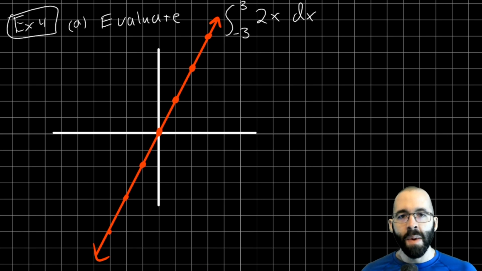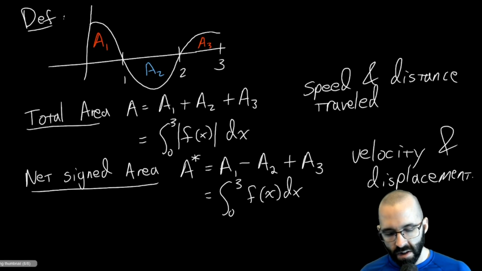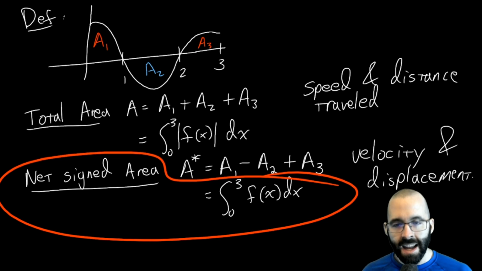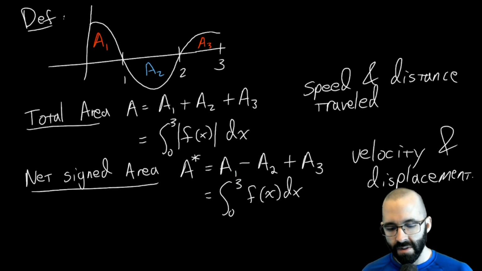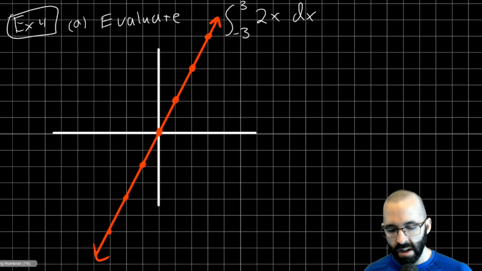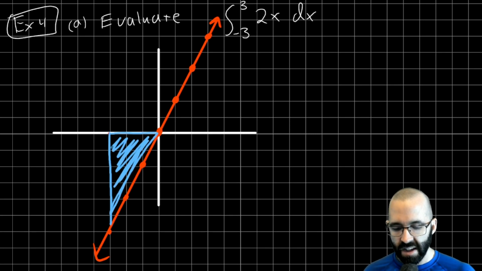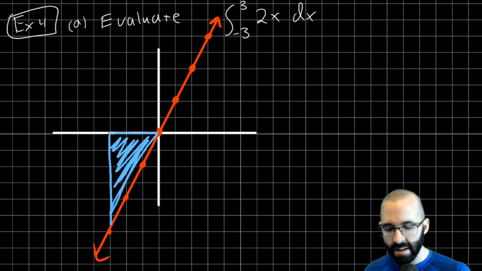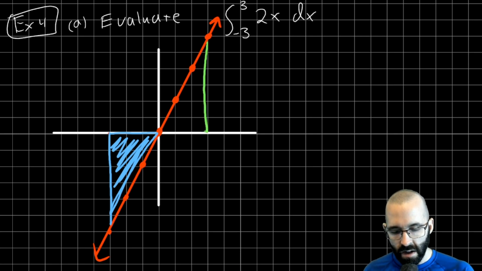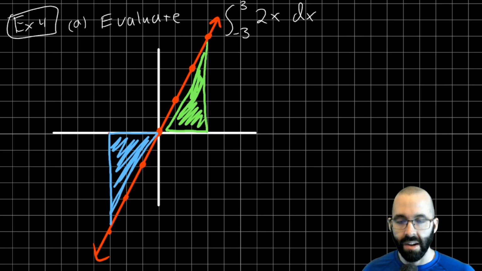So remember the integral is the net signed area. Okay? So the net signed area between -3 and +3 is this negative blue area and this positive, again in quotes, green area.